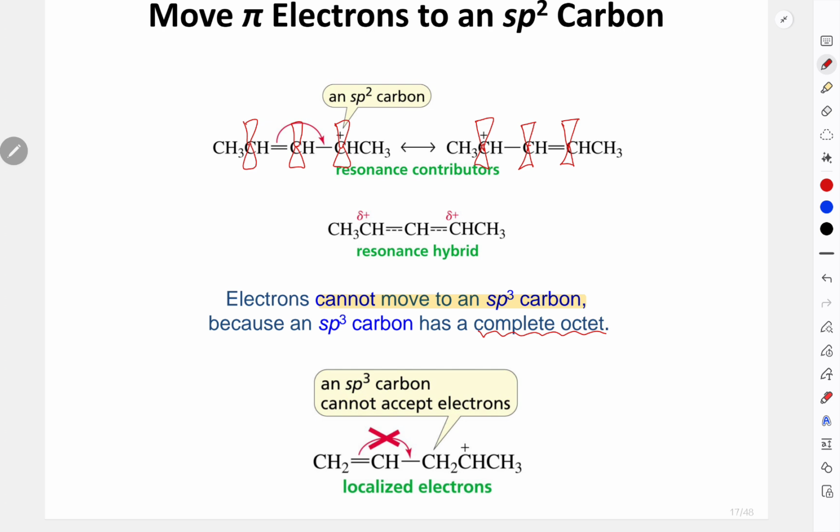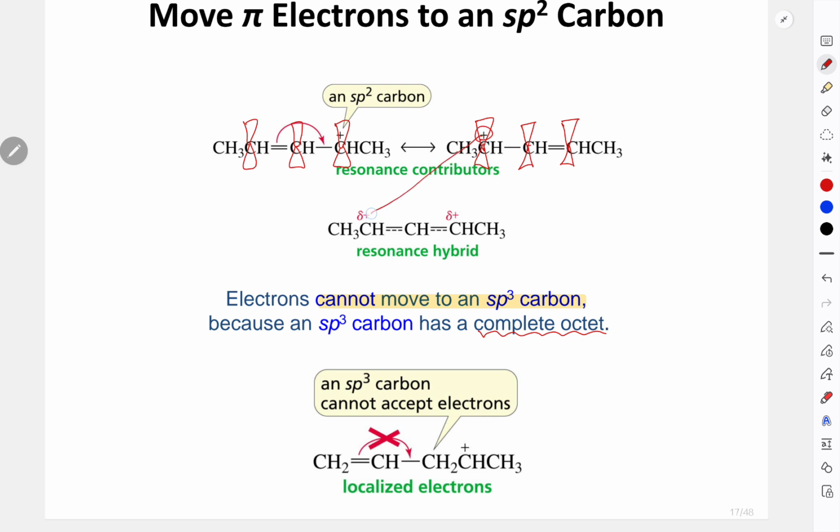For drawing the resonance hybrid, you can represent the partial bonding character. And you can pinpoint the atoms that have the delta plus. So this carbon has a plus, that's why you have to draw the delta plus on this carbon. And also this carbon has a plus charge in the second contributor, so that you can represent the delta plus in the resonance hybrid.